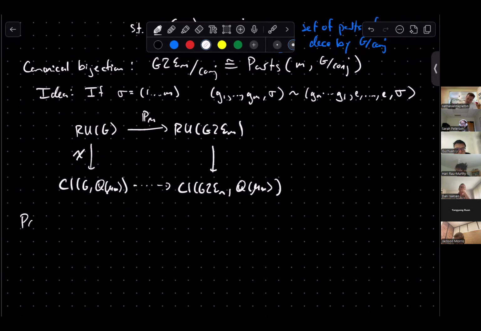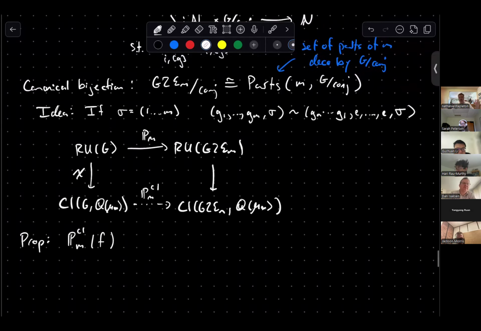And the answer is that the formula down here, let's call this P_m^CL, applied to some class function f, well, I need to evaluate it on a conjugacy class in G wreath sigma m. But that is the same data as one of these decorated partitions, I'll call it lambda.